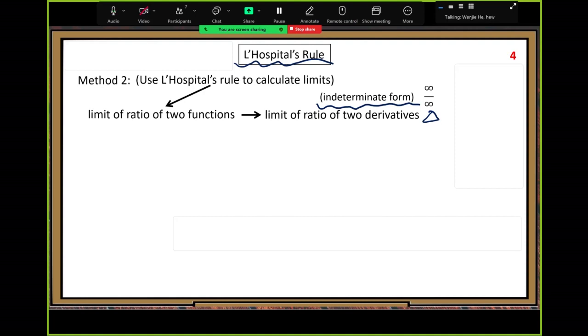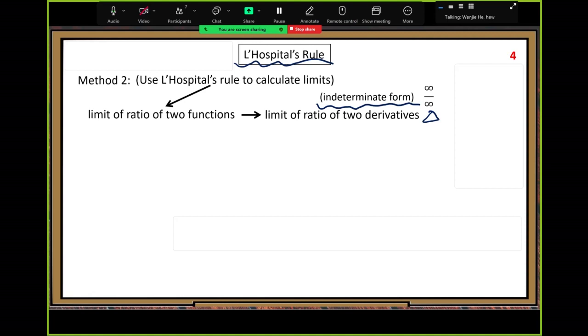Because if you look at the possibilities of infinity over infinity, if you look at the ratio of two functions that both go to infinity, how many possibilities do you have? First, the top function over the bottom function could be infinity.